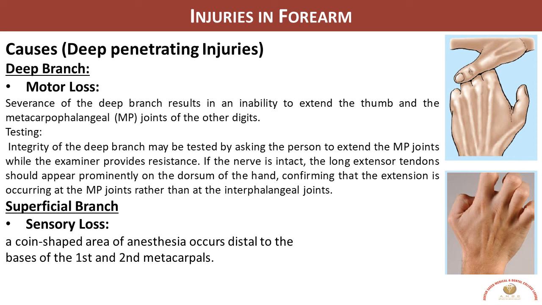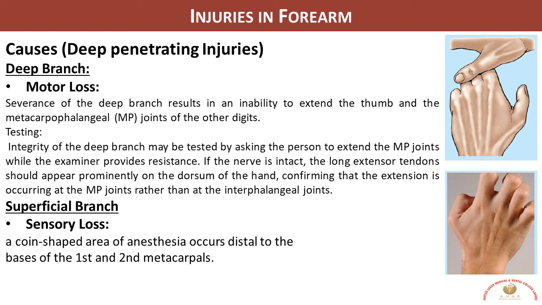The sensory loss is less than expected. Why? Because there are overlapping cutaneous branches of the median and ulnar nerves. So that's why the sensory loss is minimal when the superficial branch of the radial nerve is affected.